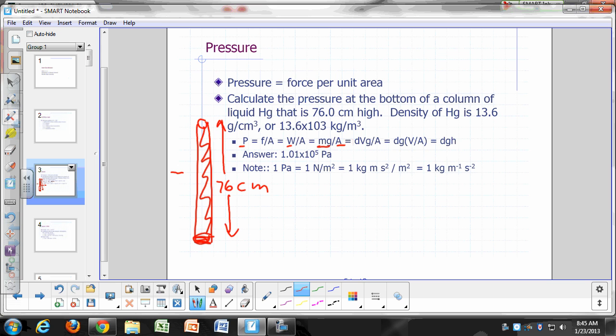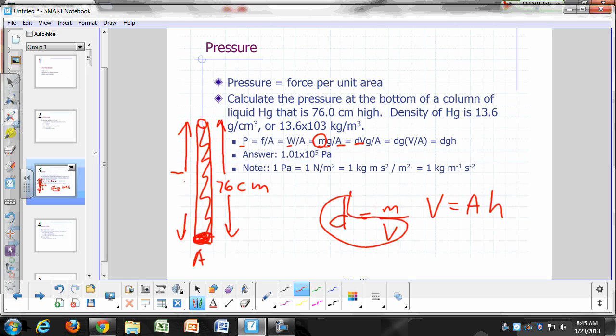Okay? Now, the density of a liquid is mass over volume, right? So the mass is just density times volume. So I can replace this mass here by density times volume. All right? And the volume is just the area times the height of the column. So if this is the cross-sectional area down here, you multiply that by the height of the column. Area times height is volume, right?